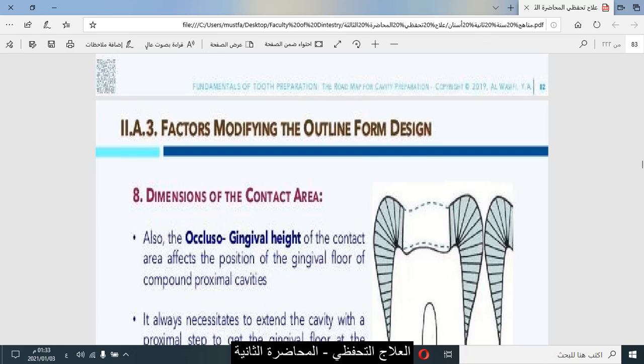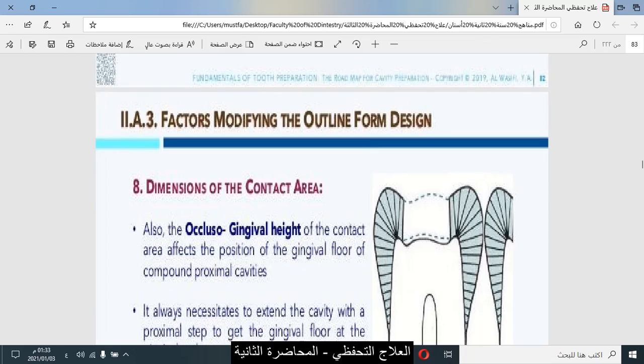When the contact area exceeds occlusogingivally, there is a risk of putting the gingival floor under or over the gingiva, which risks gingival involvement, gingival inflammation and sometimes recurrent caries. If the occlusogingival height of the contact area is small, we are more in the enamel, so recurrent caries will be reduced and there is less harm to the gingiva because we are away from it.